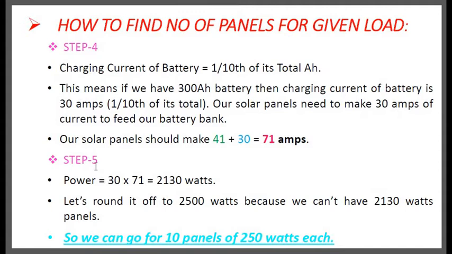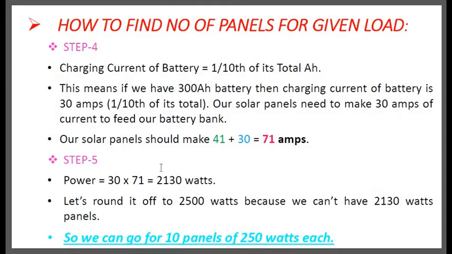So now step number 5, we can find power from this output current and output voltage 30 volts. So power is equal to 30 volt into 71 ampere, which is equal to 2130 watts.